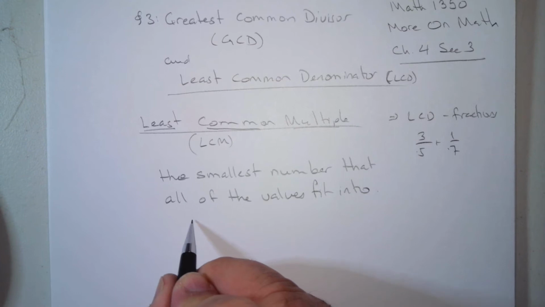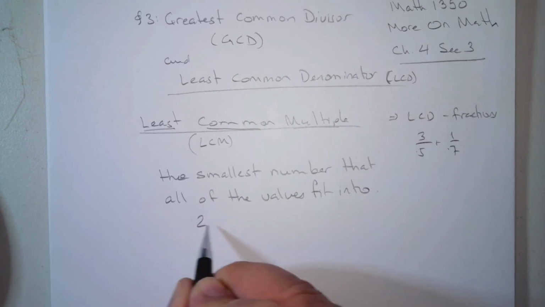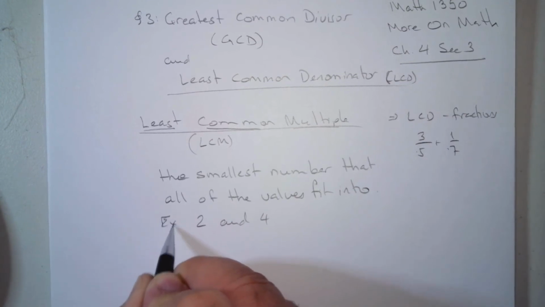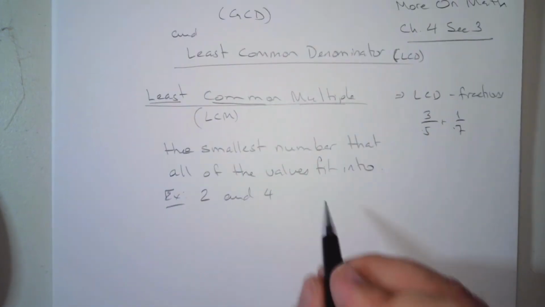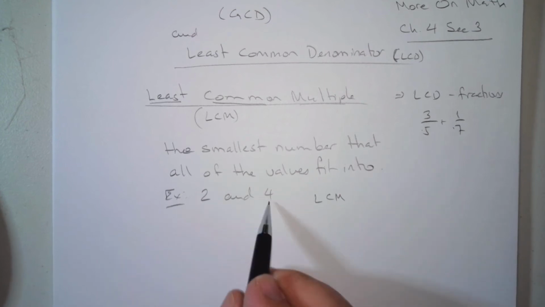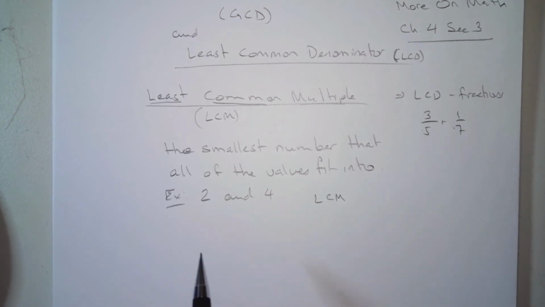For example, if our numbers were 2 and 4, the LCM is what's the smallest number that 2 and 4 both fit into.